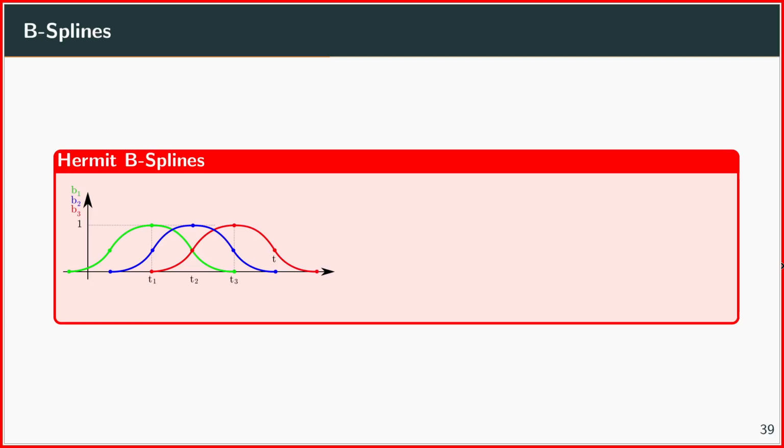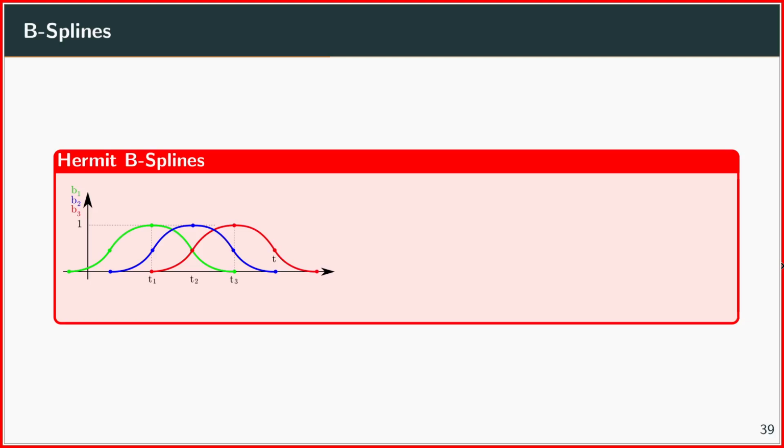Yeah, that's correct. And will we actually hit one of the control points? Well, yeah, P1 and P3 probably, but not P2. But we would start here at T1 in the beginning of the path, and there's still an influence here of the second point. Yeah. Then we probably wouldn't hit any.